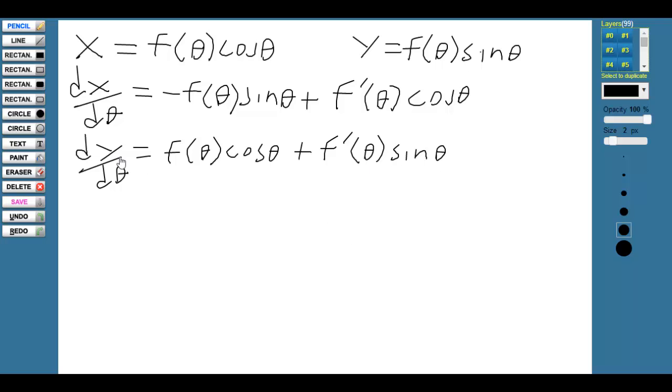And now it's a simple matter of putting dy/dθ over dx/dθ to get dy/dx. And of course that's the derivative as we are used to it.